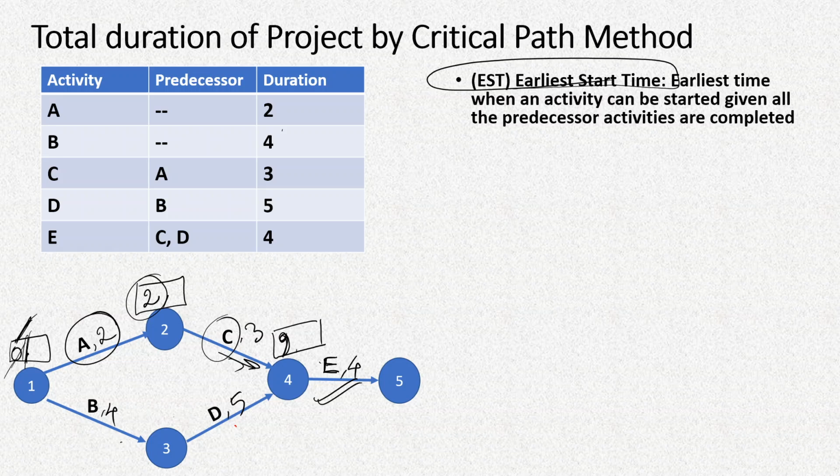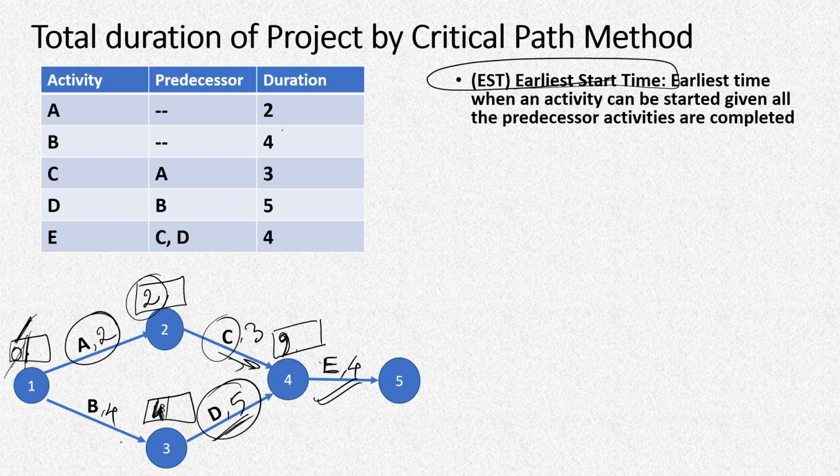Then for activity D, which can start only after completion of B, which itself has taken already 4 days. That means at the earliest we can start D after the 4th day.